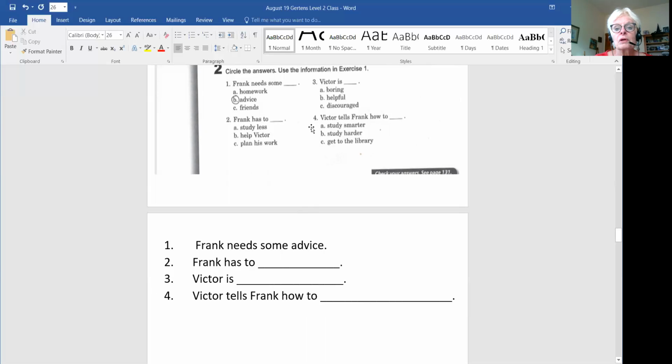Study smarter, study harder, or get to the library. He tells Frank how to study smarter. He tells him to concentrate. He tells him to make a list. He tells him to use index cards and to underline things so that he can practice. So Victor's a good friend.